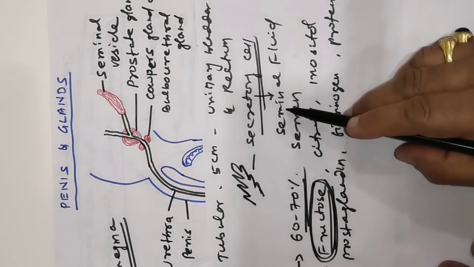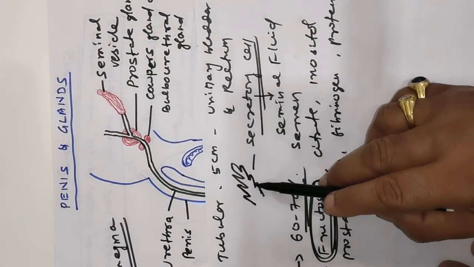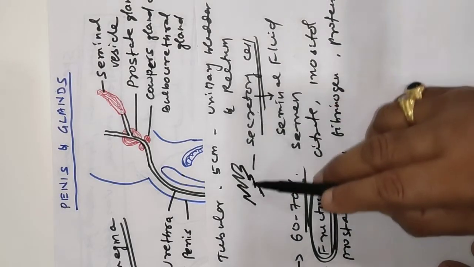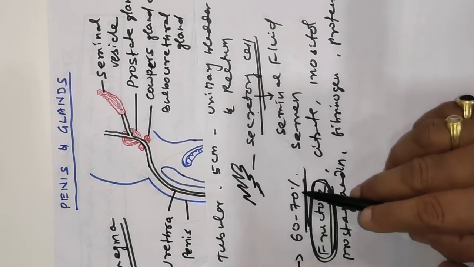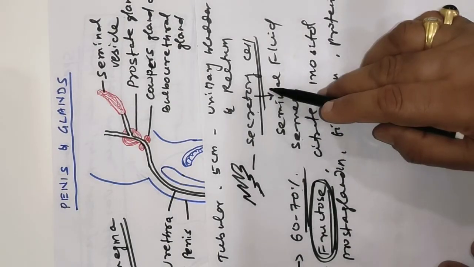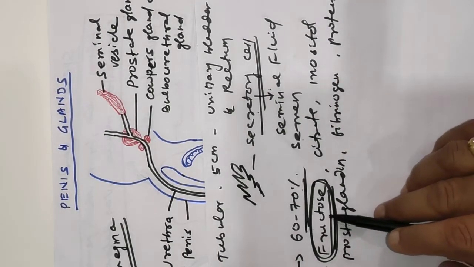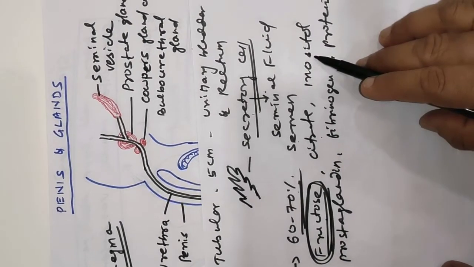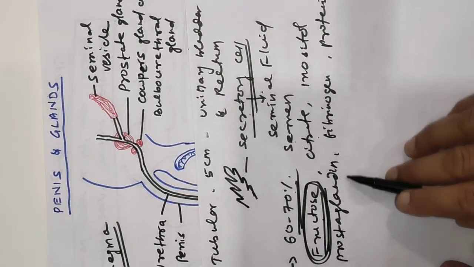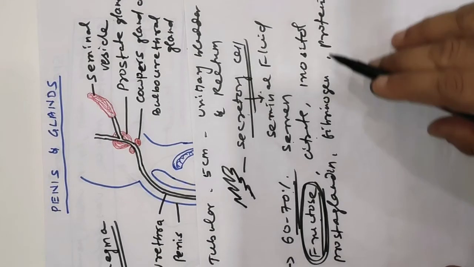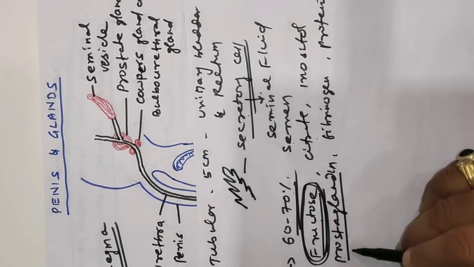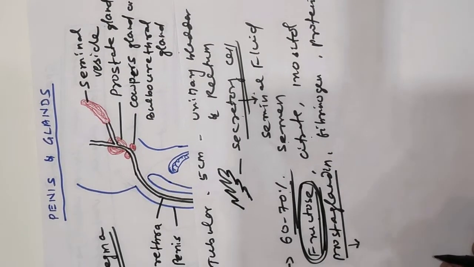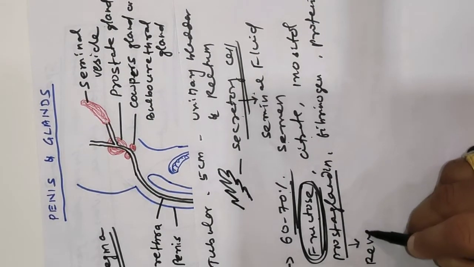So the seminal fluid is secreted from the secretory cells of the epithelium of the diverticula. Around 60 to 70% of semen is the seminal fluid. The prostaglandin helps in reverse peristalsis.